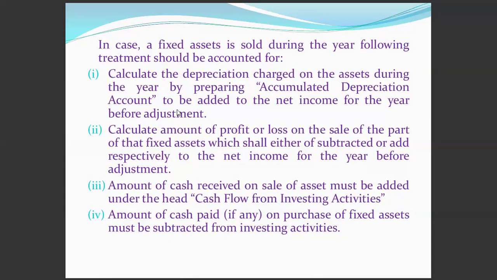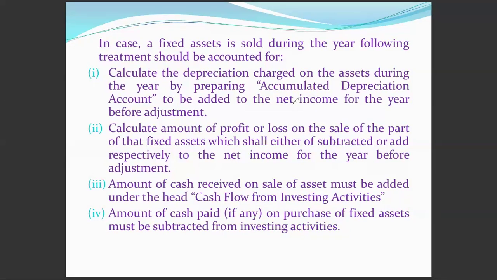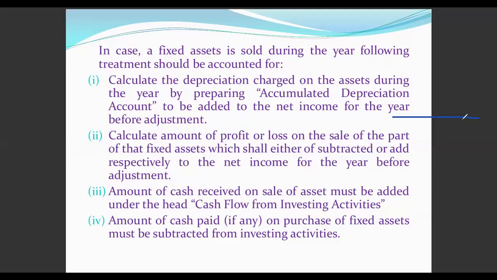The amount which I receive by sale of fixed asset is considered as cash flow from investment activities. And if I purchase some fixed asset, it is recognized as cash flow from investment activity only, but instead of adding, I'm deducting. So let me explain this by way of a format.